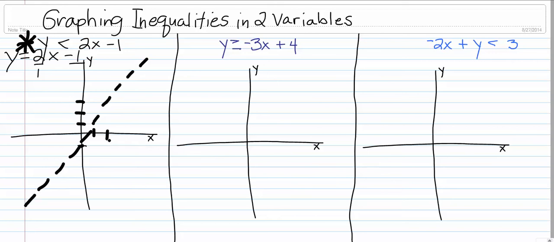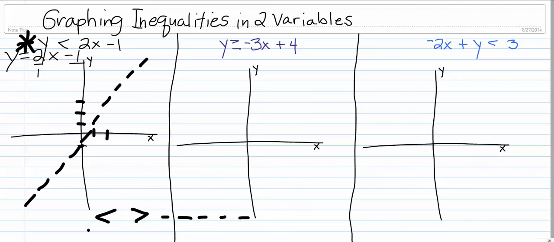But the last equations where there was just one variable, when our symbol did not have a line under it, when it wasn't included or equal to, we used an open circle. This is equivalent of the open circle here. So when it's a less than or just a greater than, you'll use a dashed line to draw your line.